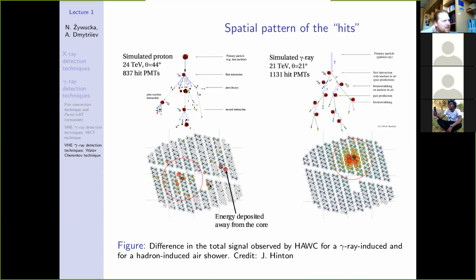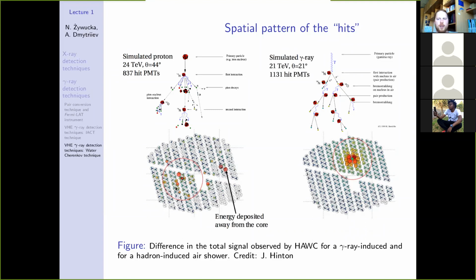The pattern of triggered detectors is much more scattered, with signal occurring in many distant water tanks.